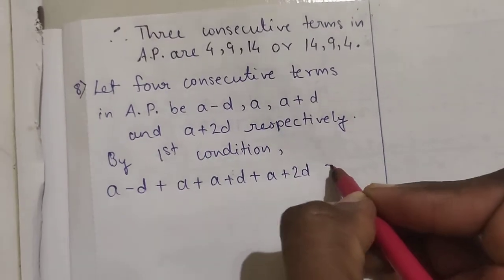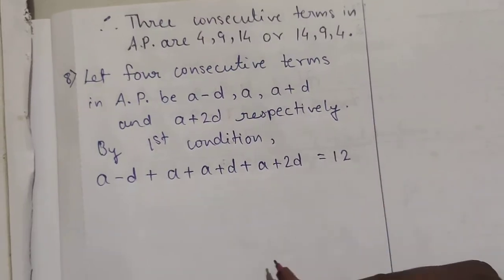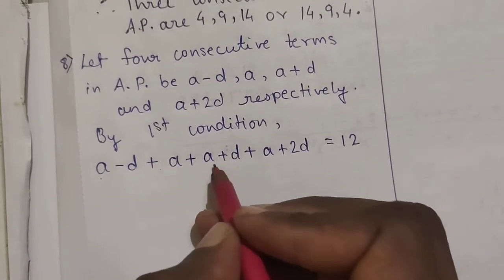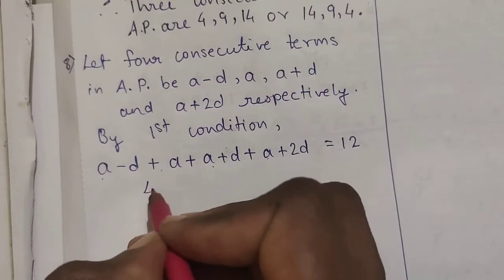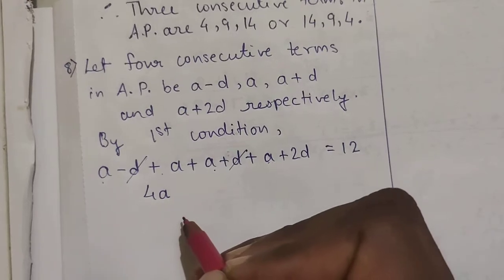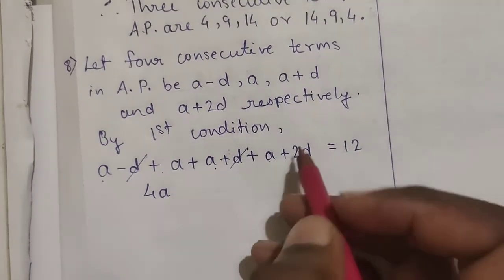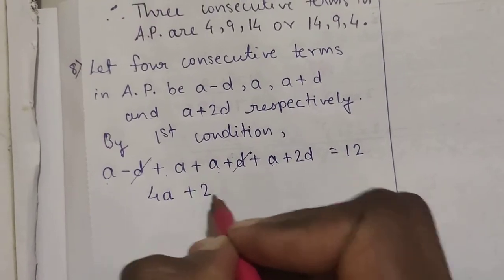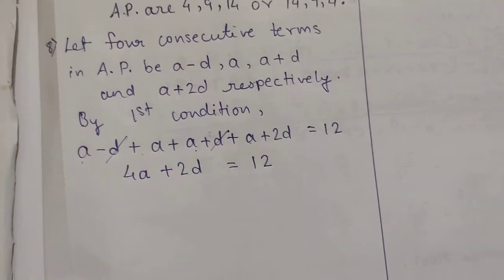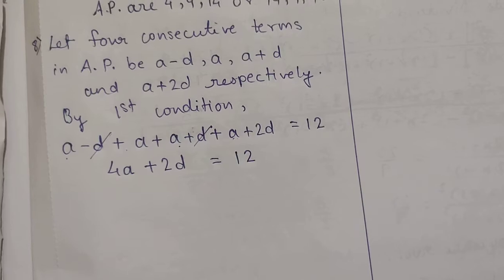Addition of all these 4 terms is given to us 12. Okay, now see, A plus A plus A plus A becomes 4A. Okay, and minus D plus D get cancelled, so only 2D is remaining, so plus 2D is equal to 12. So by using first condition we got this.